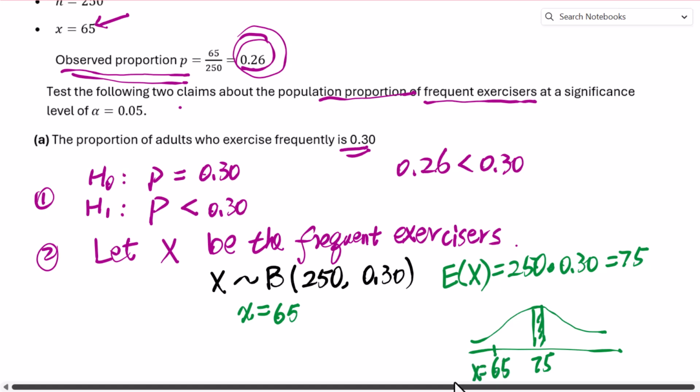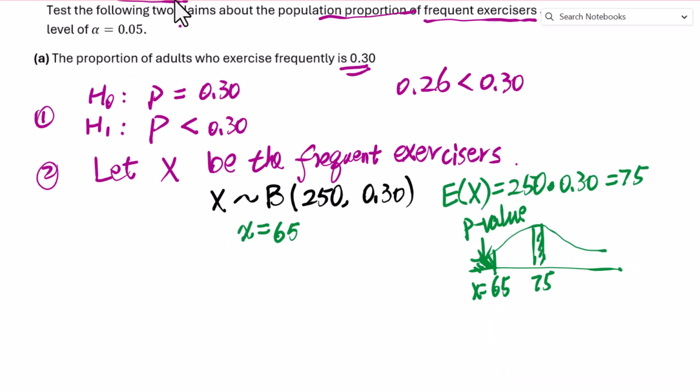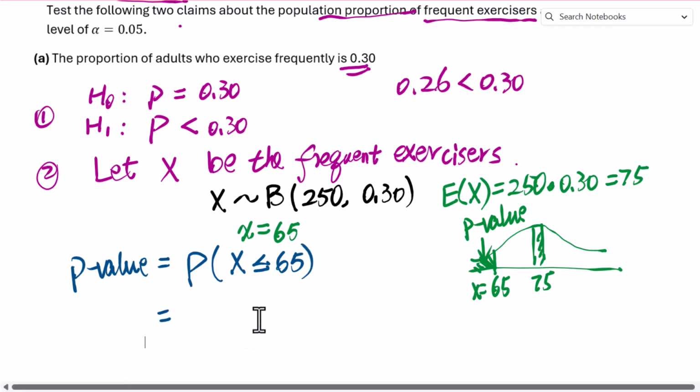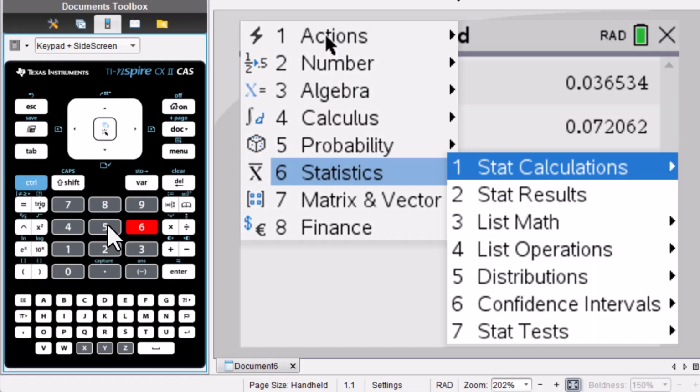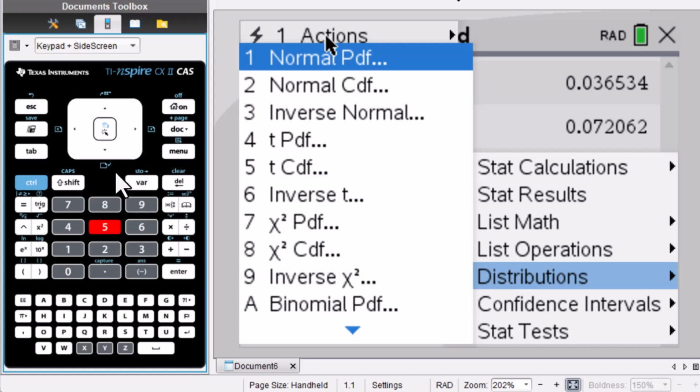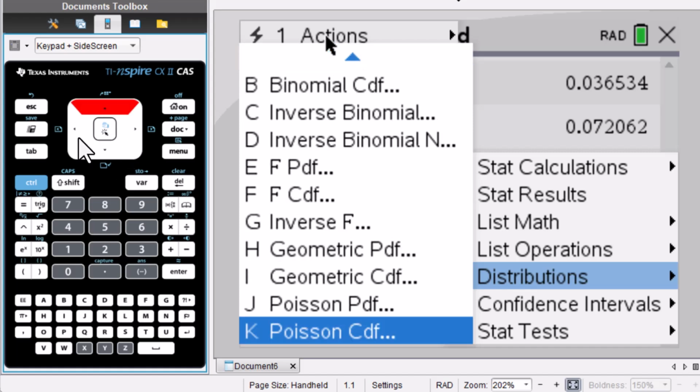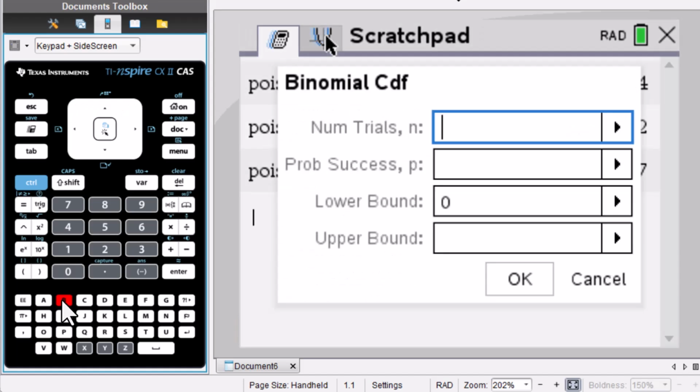Based on the definition of p-value, this is the p-value. So p-value equals probability of X less than or equal to 65. Let's go to binomial CDF. Menu 6, 5, distribution, B, binomial CDF.